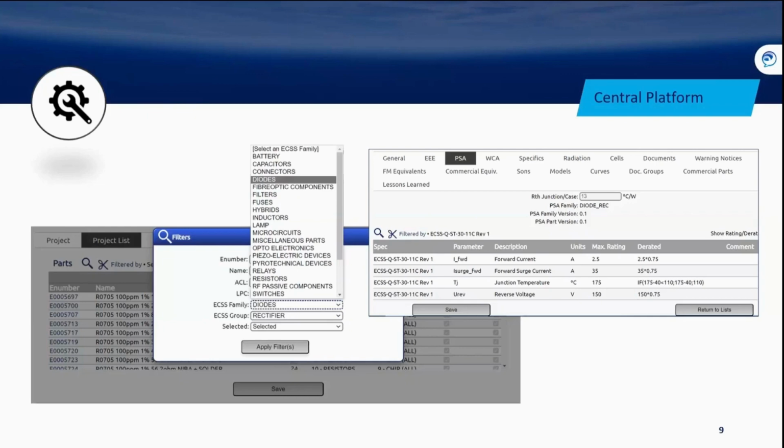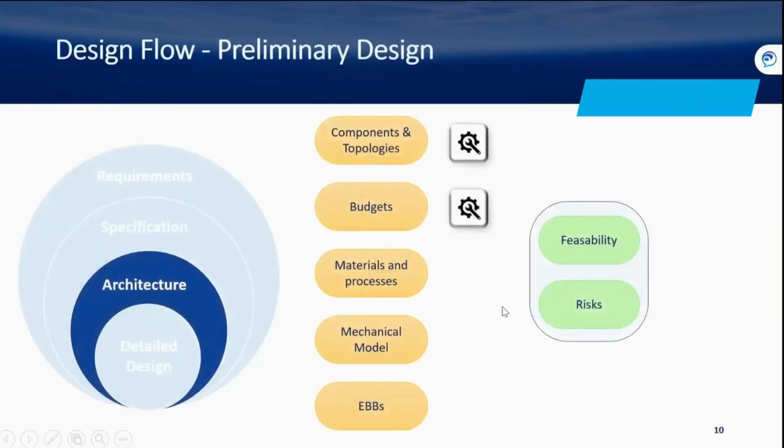So let me go back to the previous slide, where you can see that budgets are also an important output at this stage. For example, we develop power budgets in which we have to make sure that we can handle the power that we are dissipating and the efficiency that our unit has is okay with the electrical requirements. And also we have to perform what we call surface budgets, which are basically an estimation of the occupation of our topologies in the mechanical model.